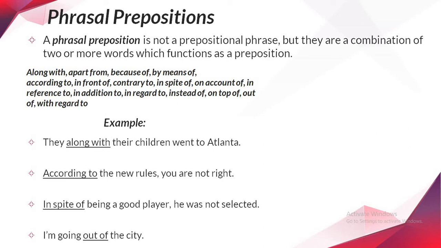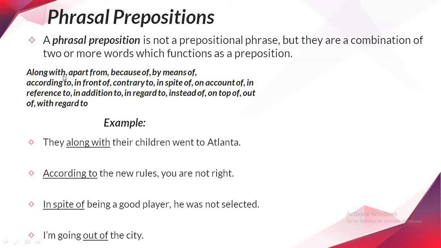Along with is not a single word along with a preposition. These are the combination of two prepositions. For example, along with, apart from, because of, by means of, according to, in front of, contrary to, in spite of, on account of, in reference to, in addition to, in regard to, instead of, on top of, out of, with regard to.